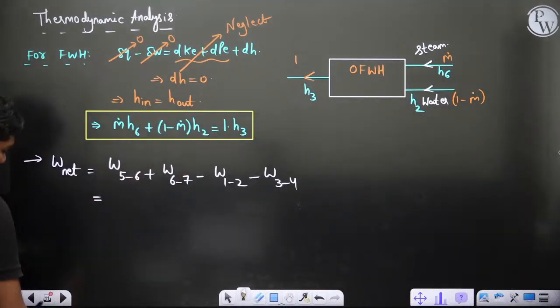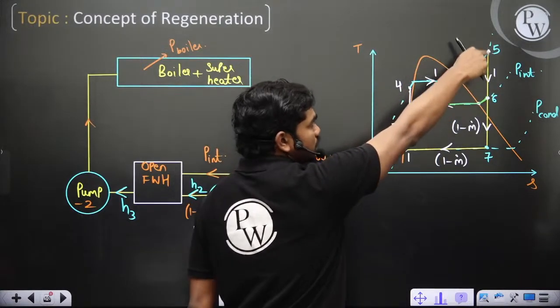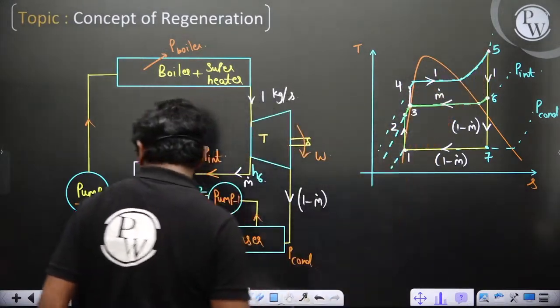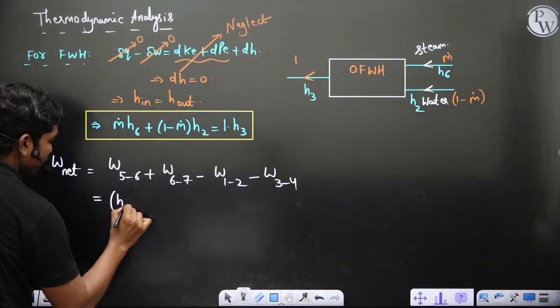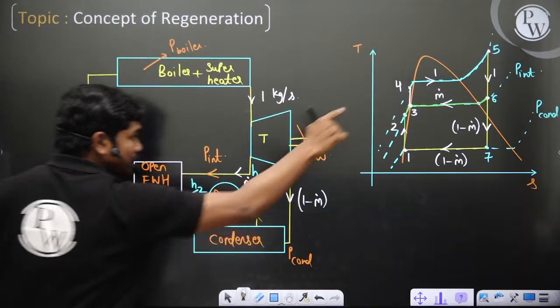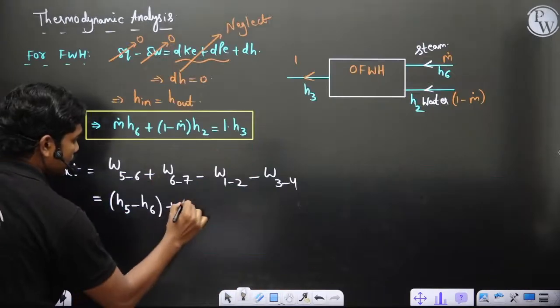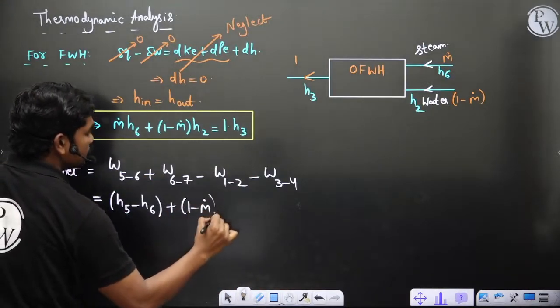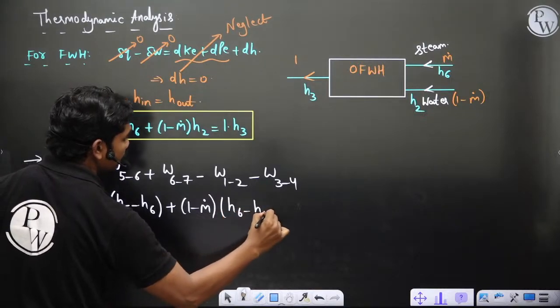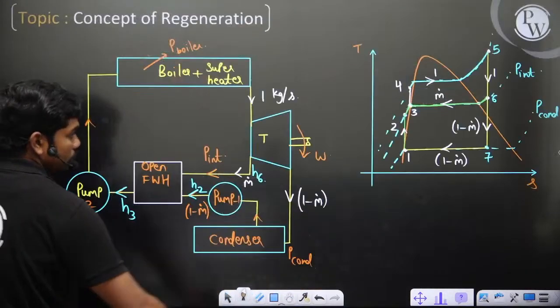Now if you see, from 5 to 6, if you take total mass flow in the circuit as 1, this is 1, so H5 minus H6 directly, plus from 6 to 7, the mass which is flowing in the circuit is only 1 minus m dot. So (1 minus m dot) times (H6 minus H7), minus W 1 to 2.